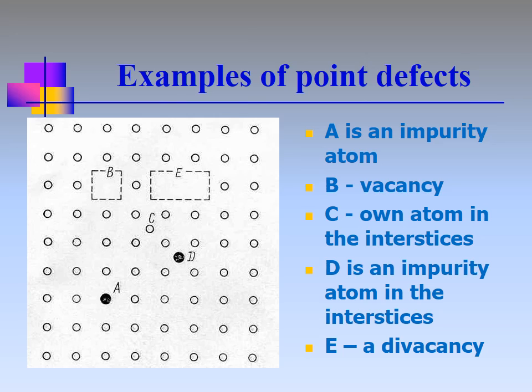If an electric field is applied to the crystal, the ions of one sign, for example cations, move in one direction, and the corresponding vacancies move in the opposite direction. Therefore, the concentrations of vacancies and impurity atoms can be measured from the value of the resulting current.